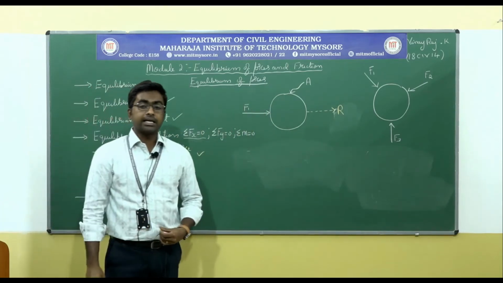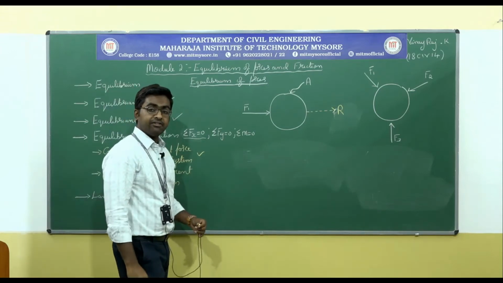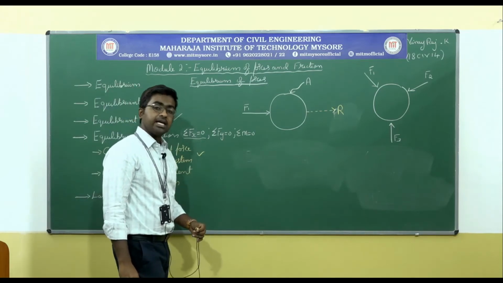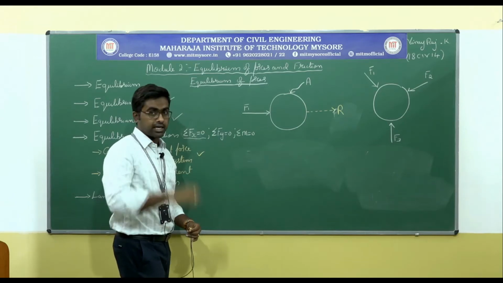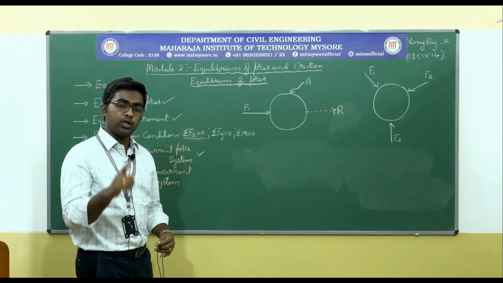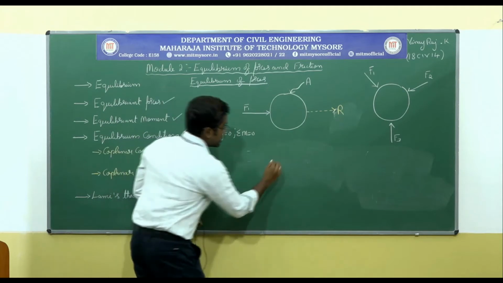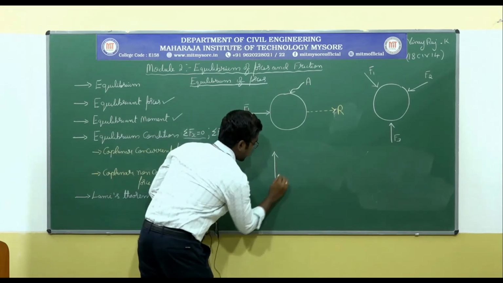What is the meaning of concurrent forces? Concurrent forces means that if the forces are passing through the same point, then those forces are called concurrent forces. And if all the forces are lying in the same plane, then you can say they are coplanar concurrent forces, right? So these three forces are concurrent.